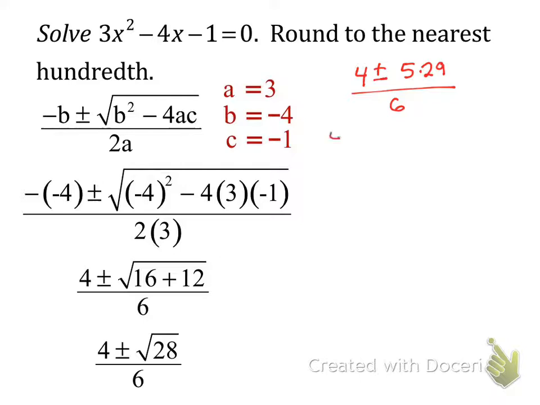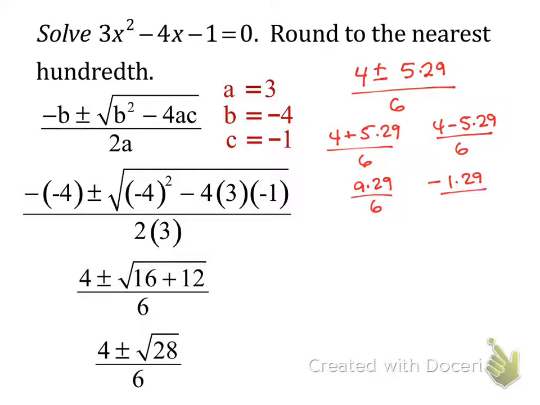So that means 4 plus 5.29 over 6, and then 4 minus 5.29 over 6. So this is 9.29 over 6, and this is negative 1.29 over 6.